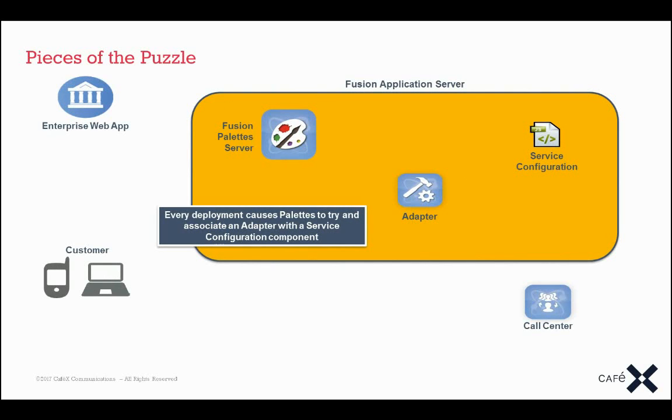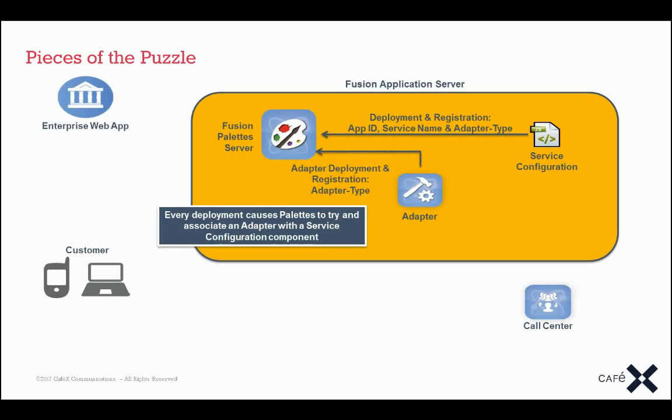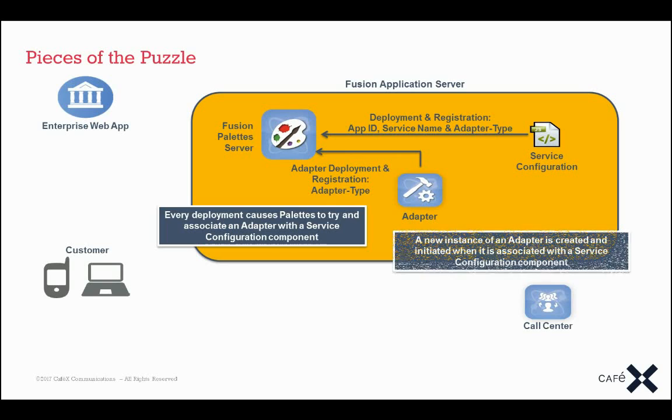When a service configuration component is deployed, it will register an application ID, a service name, and an adapter type that its configuration relates to. Similarly, when an adapter is deployed, it will define itself as being a particular adapter type. So it's only when these two components are deployed together that palettes marries up the two components and offers up the services defined by the configuration to its clients.